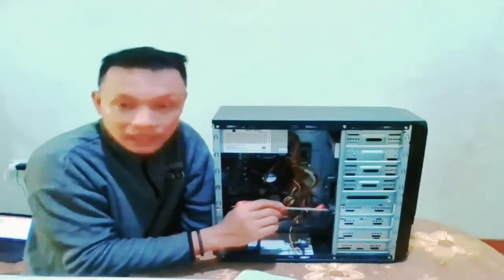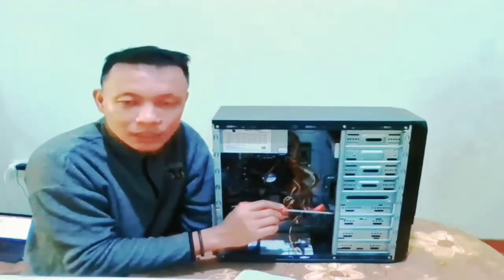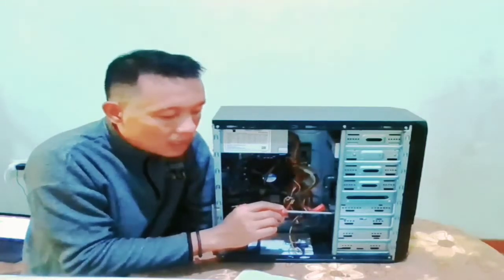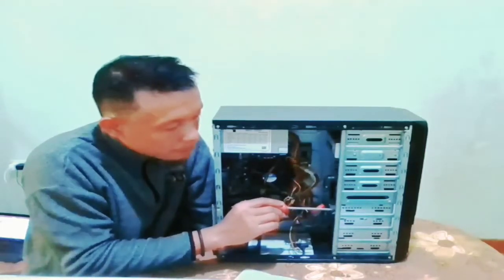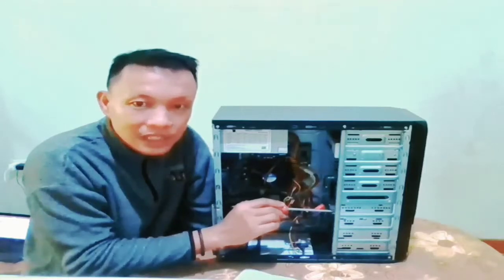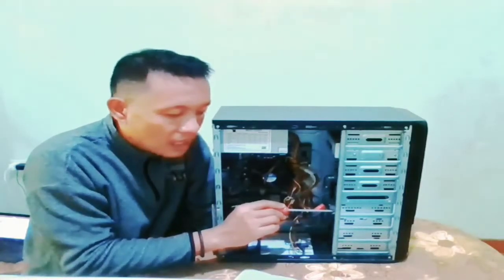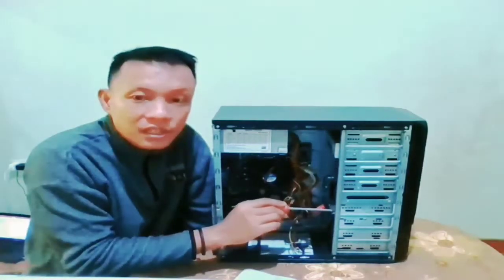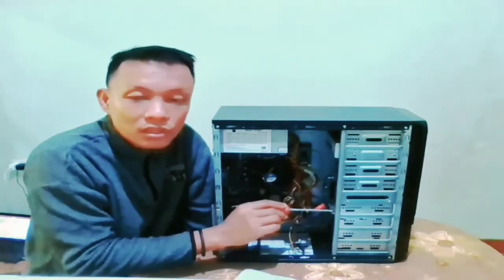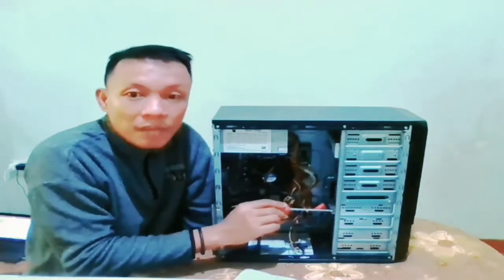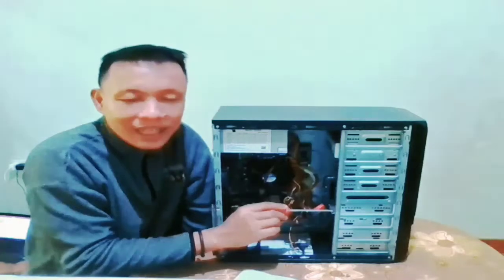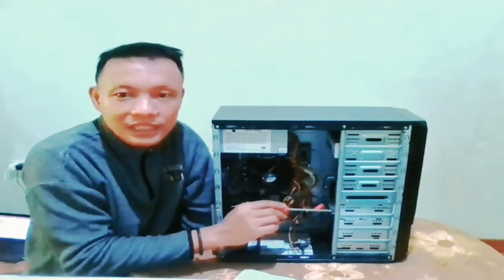The function of this HDD is that it serves as the computer main storage where all the data are being saved permanently.